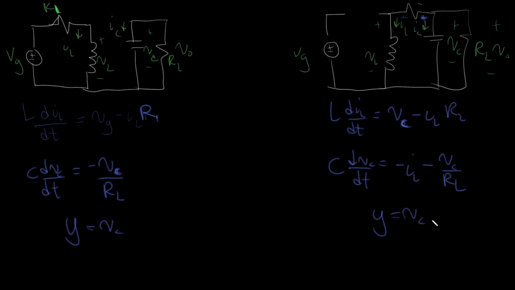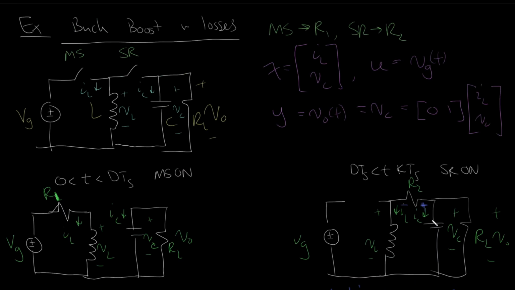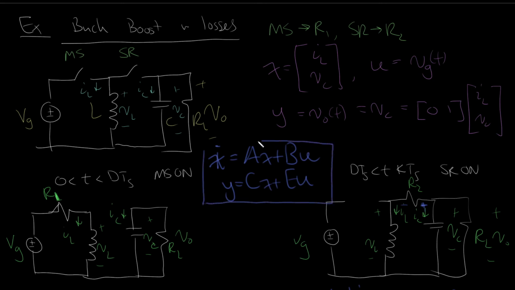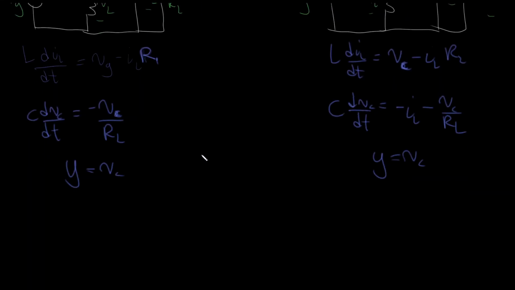So recall, we're actually trying to turn this system into an equation that looks something like x dot is equal to AX plus BU, right? And then Y is going to be equal to CX plus EU. This is what we're trying to get, right? And we're almost there.